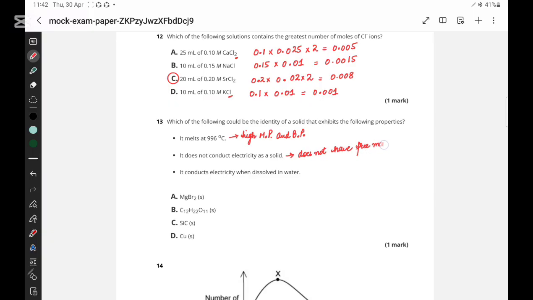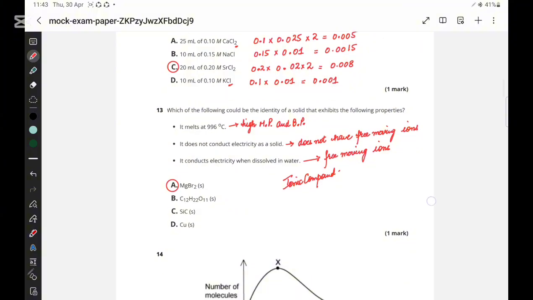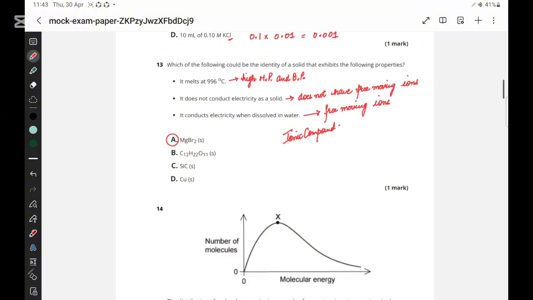And it conducts electricity when dissolved in water, because in that condition it has free moving ions. So these are all characteristics of an ionic compound. So we need to choose the ionic compound from the options, and our answer is going to be A, magnesium bromide, in which magnesium is a metal and bromine is a non-metal.